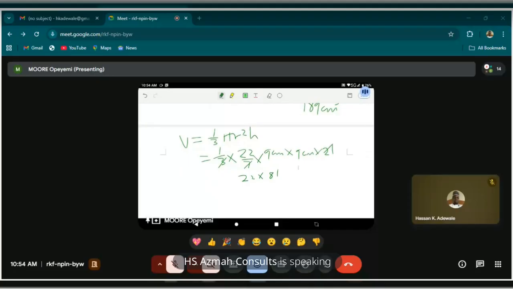So 198 times 9, that is 72. Carry 7. 81 plus 7, 88. 8 remain 8. 9 plus 8, 17. So the answer is 1,782 centimeter raised to power 3.